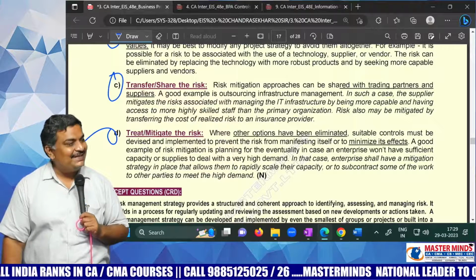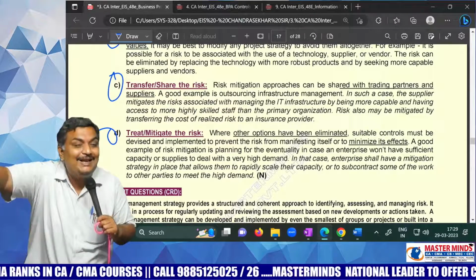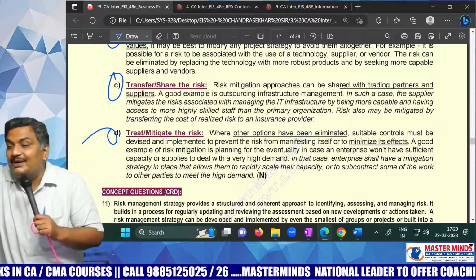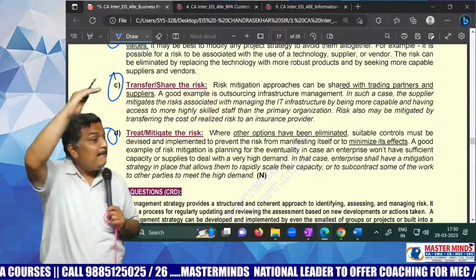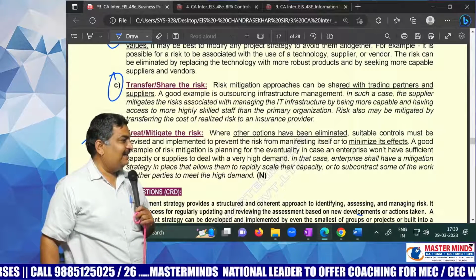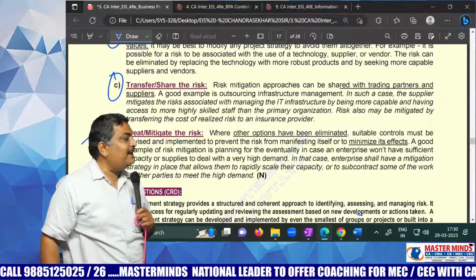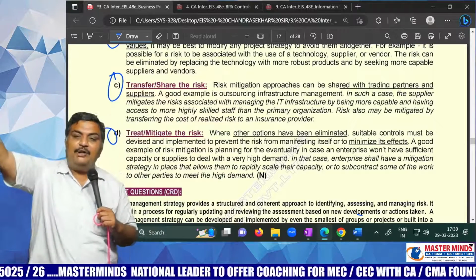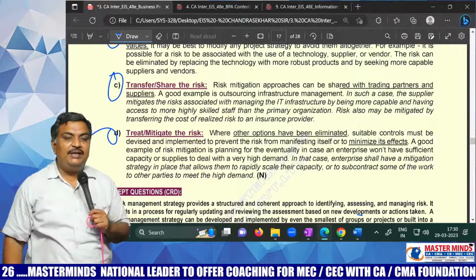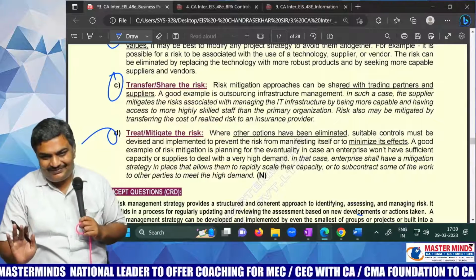And treat or mitigate the risk. There are some risks which you cannot totally eliminate, which you cannot totally terminate. What can you do? You can mitigate. Mitigate means make less. That means you cannot totally make the risk 0. The probability of risk is 100%, but you made it 10%, not 0. Okay.